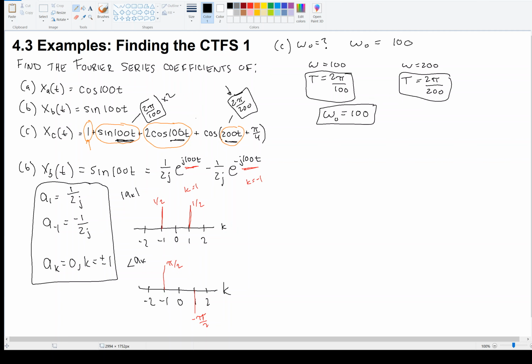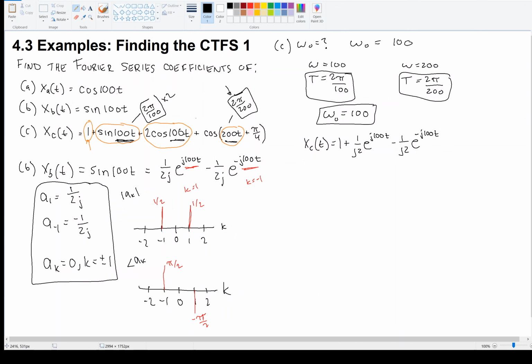Okay, so again, being that we're dealing with sines and cosines, we can express this using Euler's equation. So this is 1 plus 1 over j2 e to the j 100t minus 1 over j2 e to the minus j 100t, right?